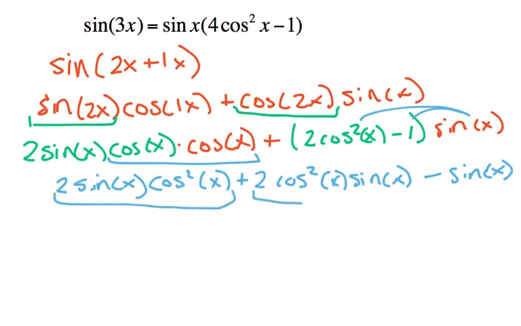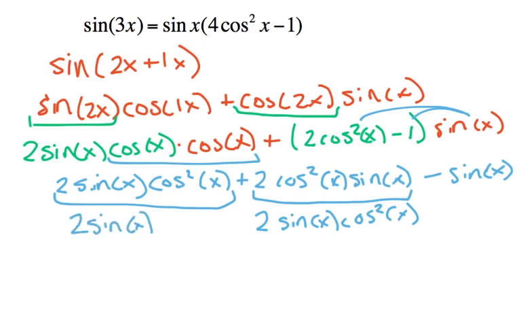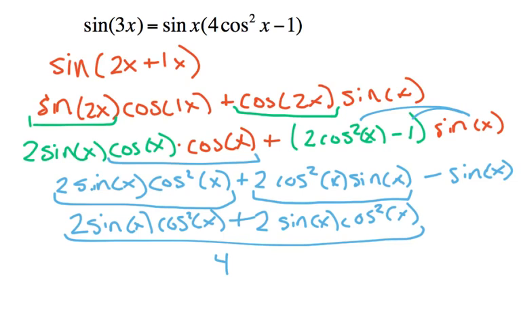And then we actually have this piece, which also is 2 sine of x cosine squared of x, because multiplication is commutative. And so we have 2 of these, and another 2 of them, and so together we'll have 4 of them. And then of course this last piece that didn't combine with anything yet.